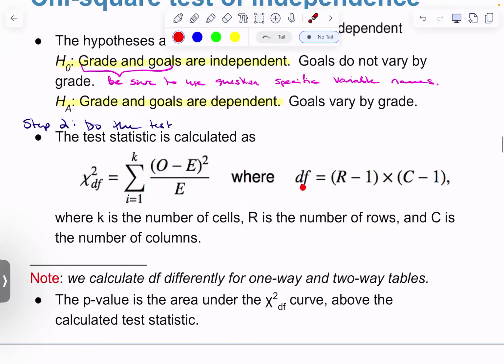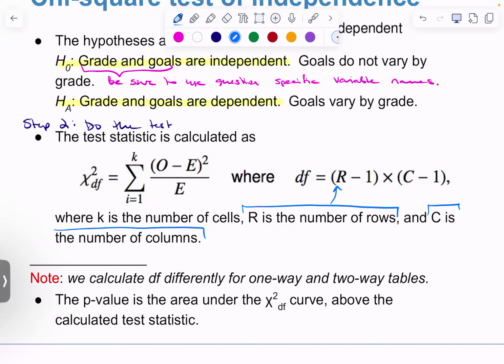And as we've already seen on your formula sheet, the degrees of freedom is, they use R for the number of rows, and C is the number of columns. R minus 1 times C minus 1. And this K is just do it for all the cells.